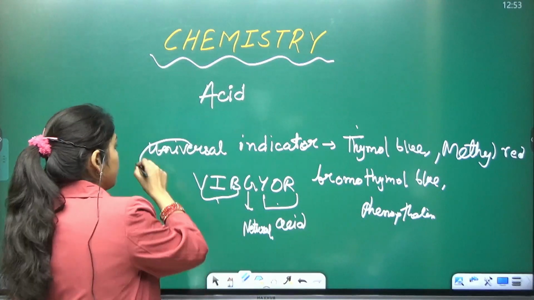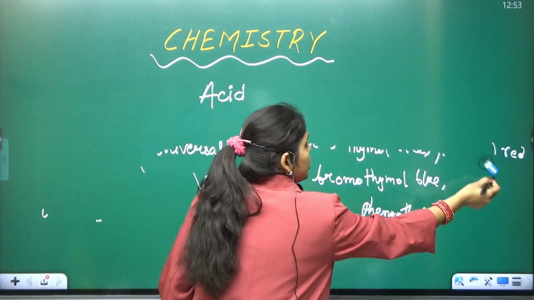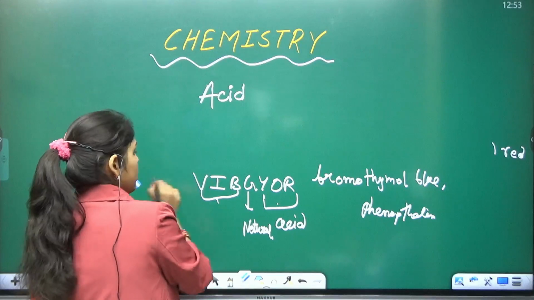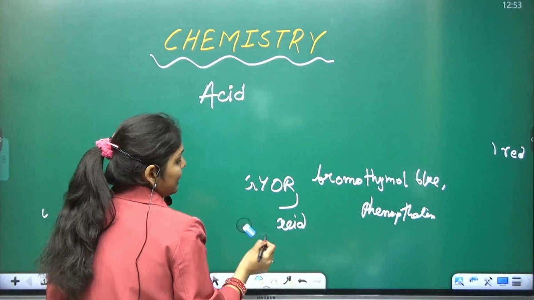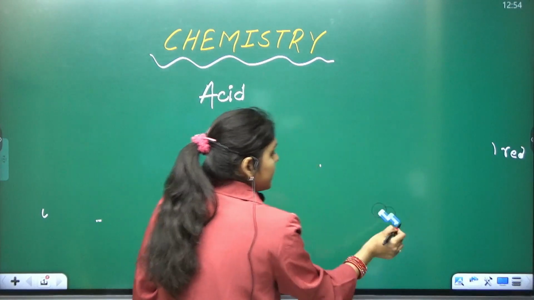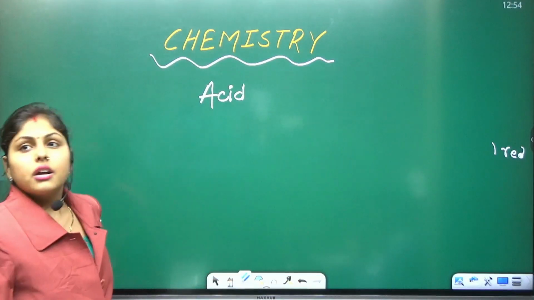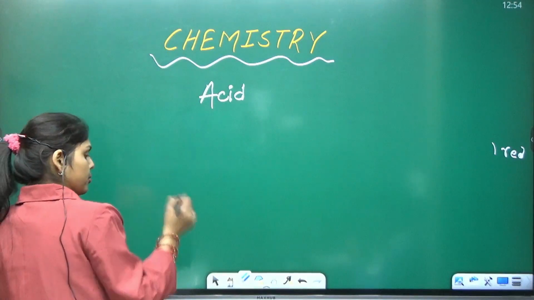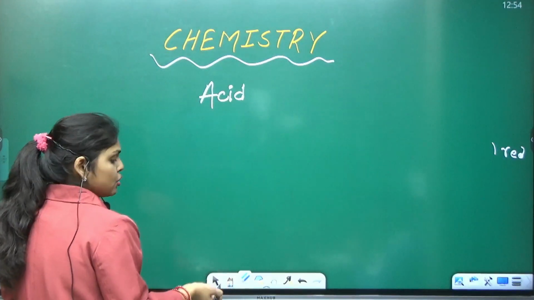Now we will talk about the exact definition of acid. Saying that any substance which is sour in taste is an acid, and anything which converts red litmus to blue, is not enough.